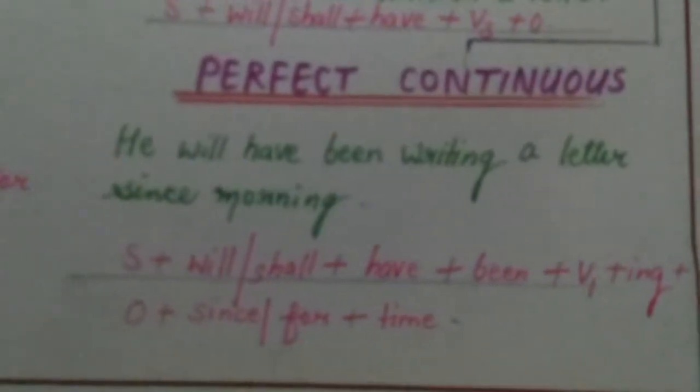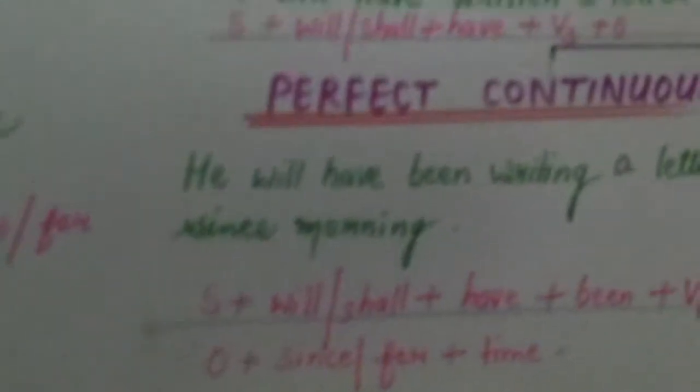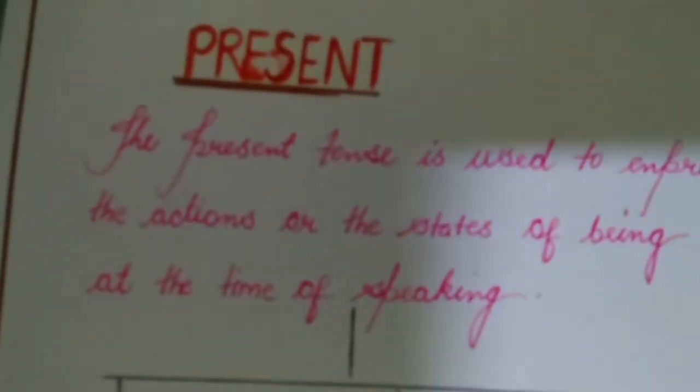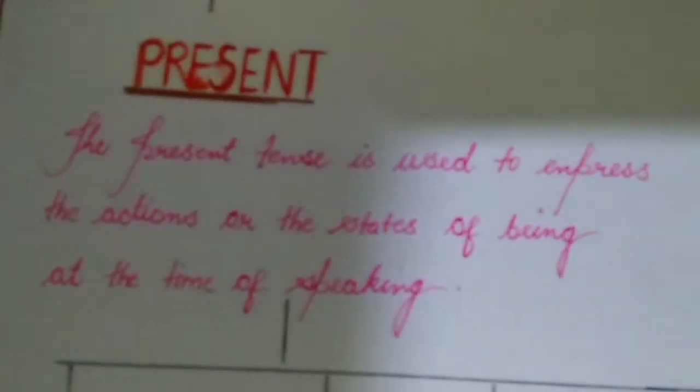Thus we came to know the 12 possible divisions of tenses, and the division being first 3 divisions: present, past, future. And present talks about the action which is being reported at a time of speaking.